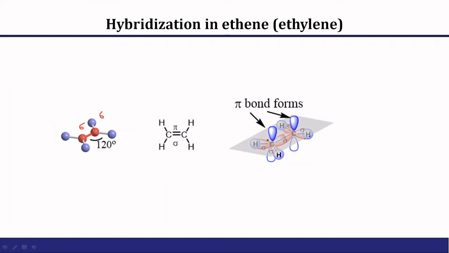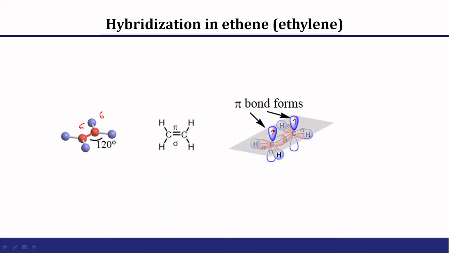See, look at this picture. So we have just now seen how sigma bonds are formed between carbon and carbon. It also has one more unpaired electron on the p orbital, which is perpendicular to the plane.